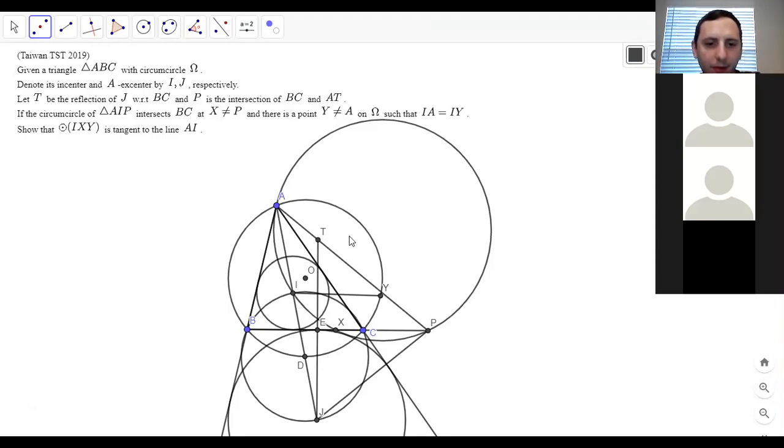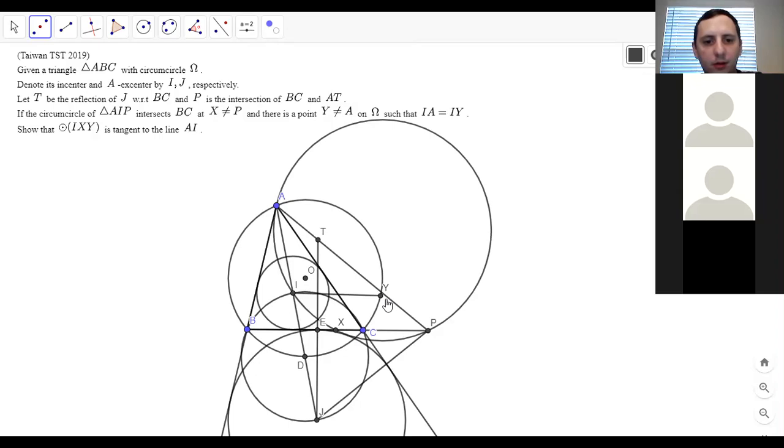There's a lot of information in this question. Basically, I guess OI is perpendicular to AY, right? Or is that true? Actually, I don't think that's true. Oh yeah, it should be true, right?